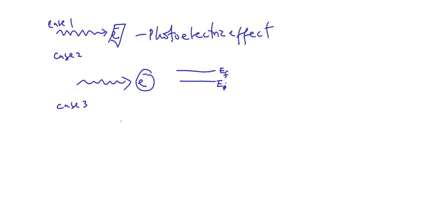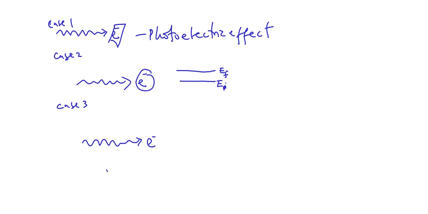It involves the case whereby the photon interacts with the electron, but the photon is not absorbed, as in this second case. Also, the electron is not knocked out, as in the photoelectric effect. This is before the interaction.